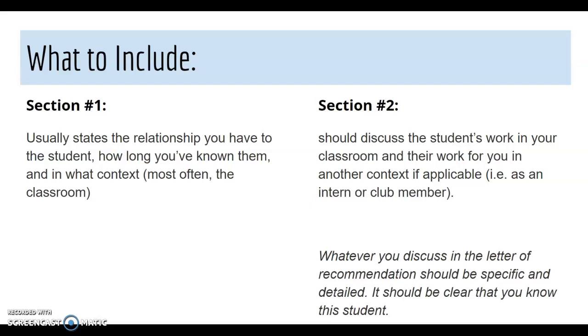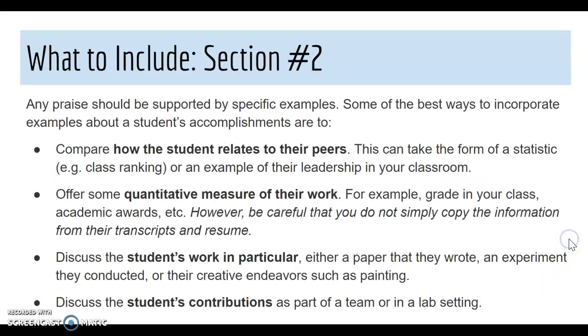In the second section, this is where you're discussing specific work in the classroom. And so here are some ways that you can talk about that work. Compare how the student relates to his or her peers. This is definitely helpful if it is a statistic. If you are unsure of that, that's okay too.